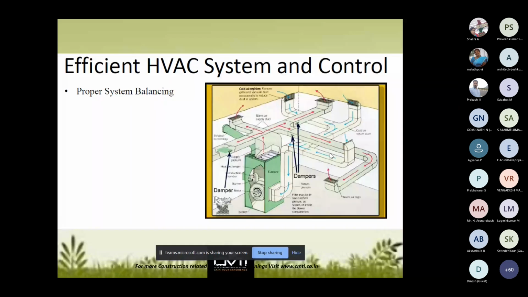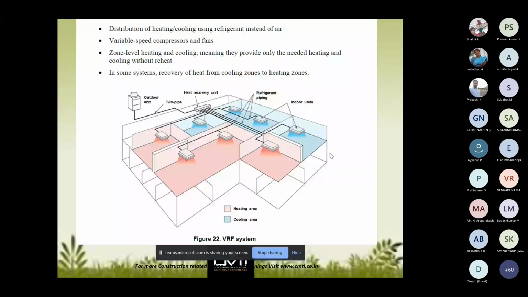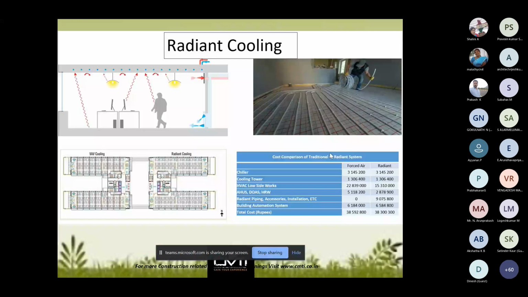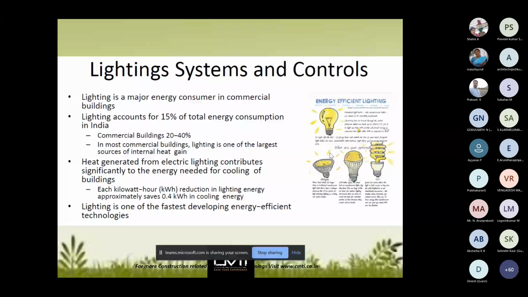Some of the latest technology they use for the cooling purpose. And lighting also, we can have energy audits regularly, and we can give motion based lighting also.